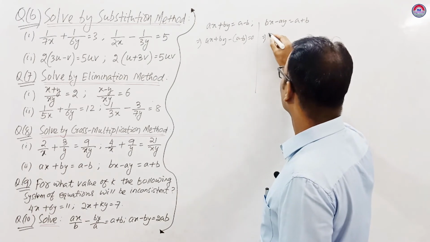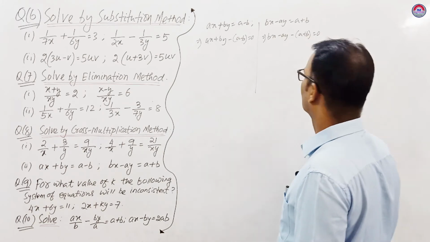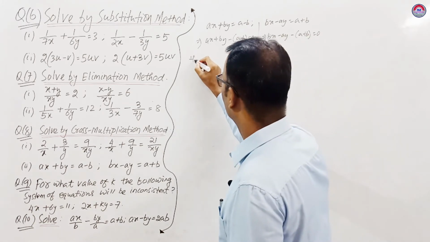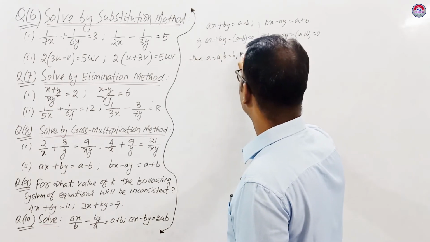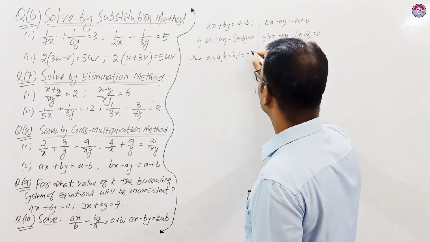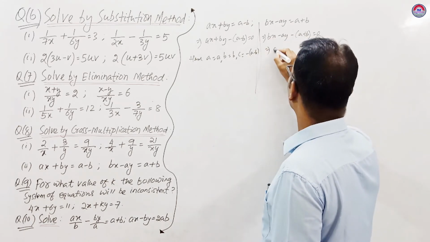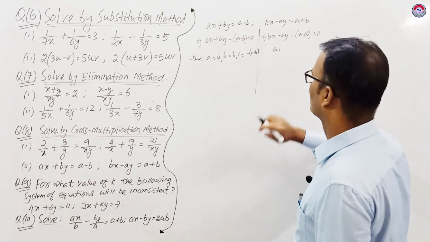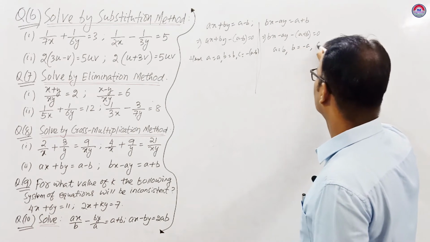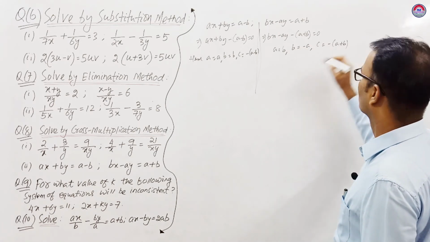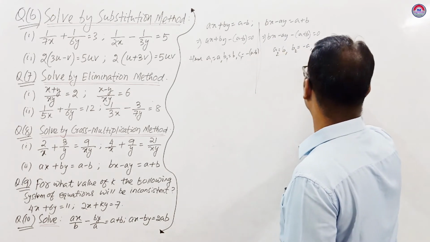This equation bx minus ay minus a plus b equal to 0. So we can write here a1 equal to a, b1 equal to b and c1 equal to minus a minus b. Similarly here a2 equal to b, b2 equal to minus a and c2 equal to minus a plus b. It is a1 b1 c1 a2 b2 c2.